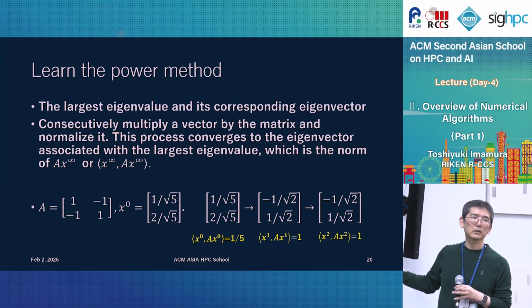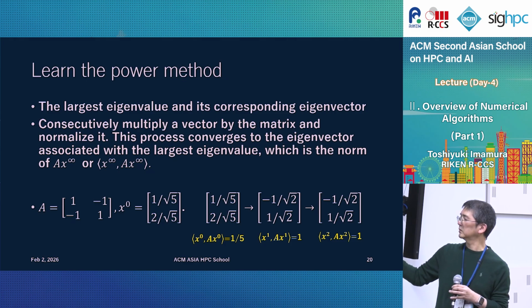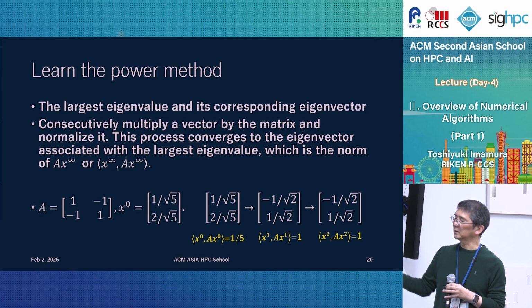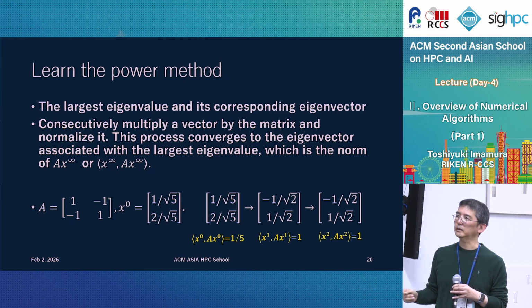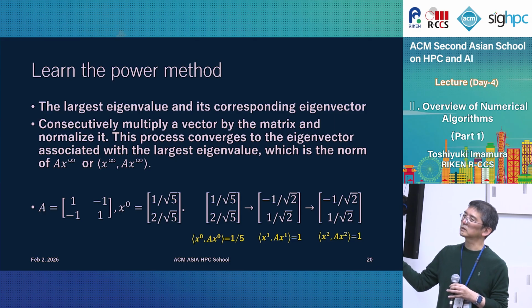So we stop here. Then compute the inner product of x2 and A x2. So we obtain 1. This is the absolute value of the largest eigenvalue. So we should check the sign, whether it is negative or positive.